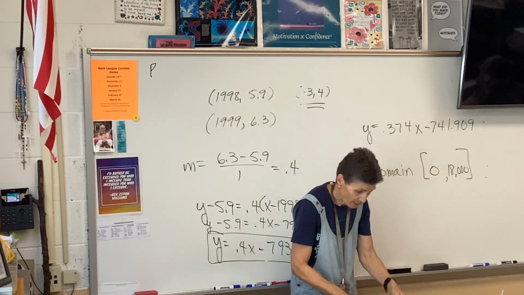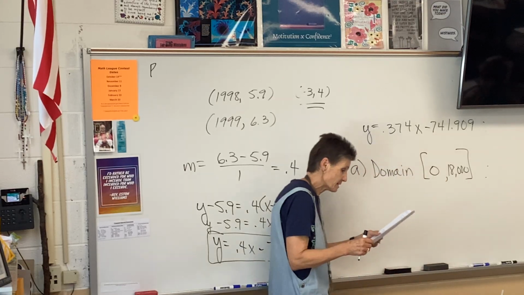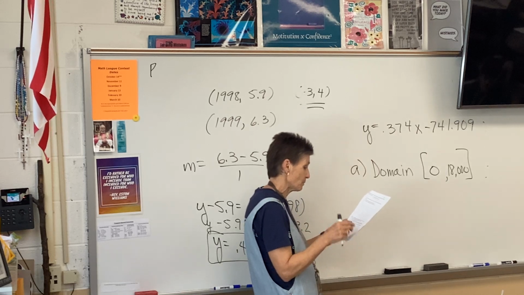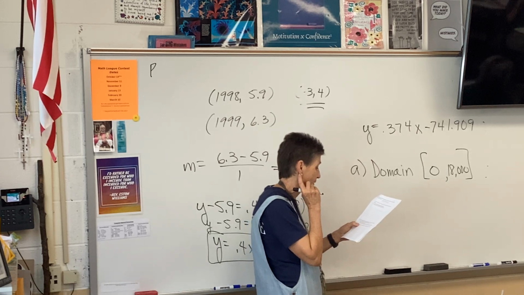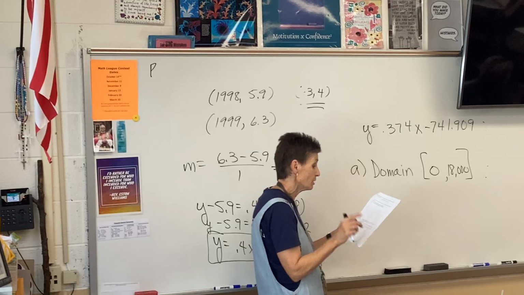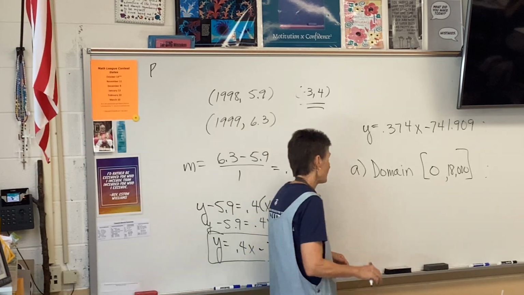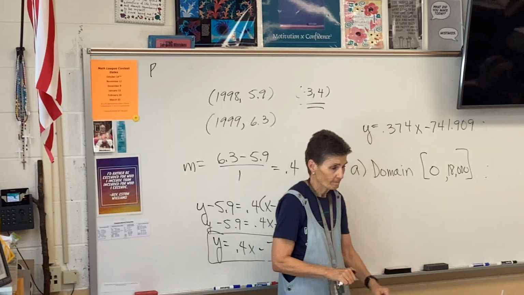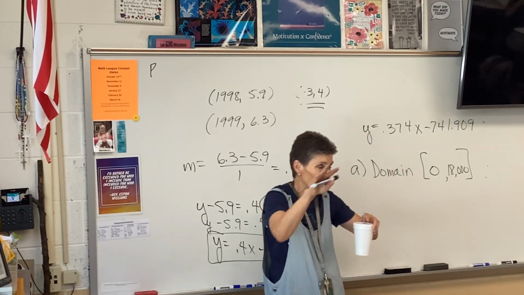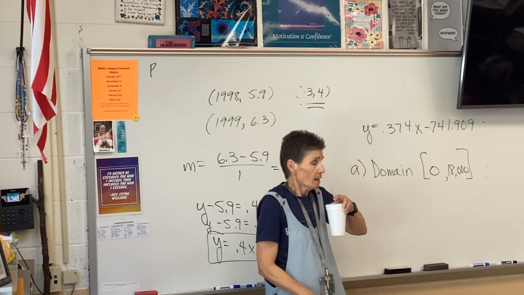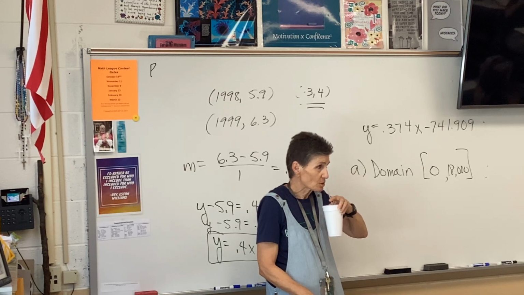Okay, so that's the domain. If she invests X dollars at 5%, write an equation that describes the total interest earned in 1 year. Okay? Remember, this is a hodgepodge of stuff you already know how to do. How do we do simple interest?